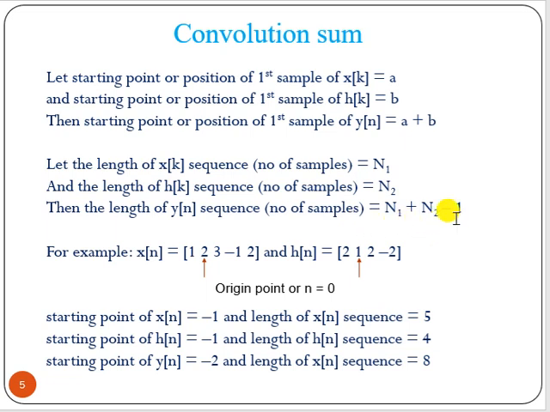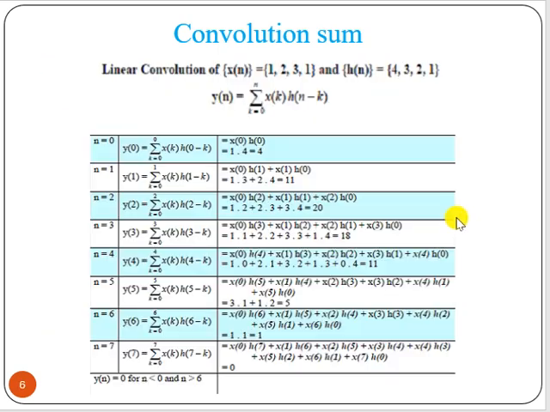Here there is 4 plus 4, 8, minus 1, so 7. That means it should go from 0 to 6 altogether. We have 0, 1, 2, 3, 4, 5, 6 with values, and at 7 it becomes 0.